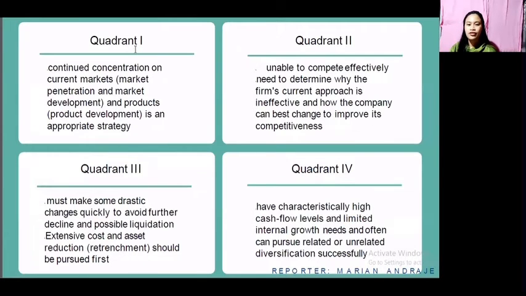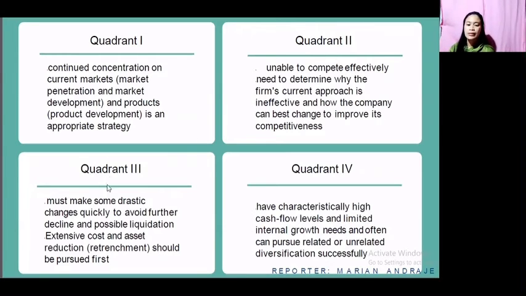In Quadrant 1, firms continue concentrating on current markets. Market penetration, market development, and product development are appropriate strategies. For Quadrant 2, firms are not able to compete effectively, so they need to determine why the firm's current position is ineffective and how the company can best change to improve its competitiveness.